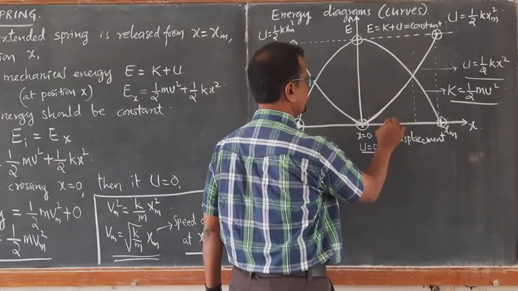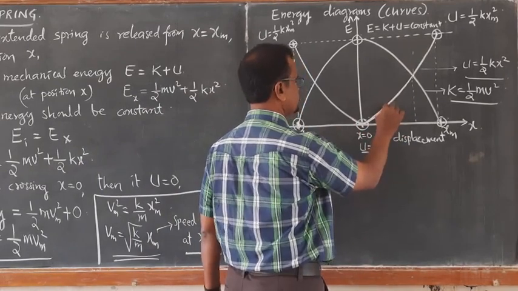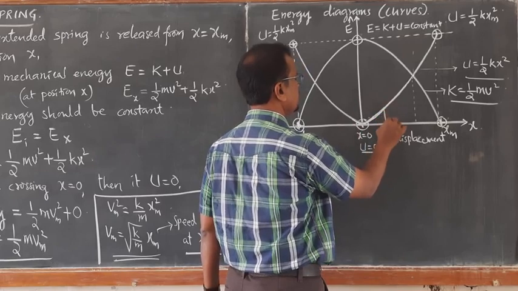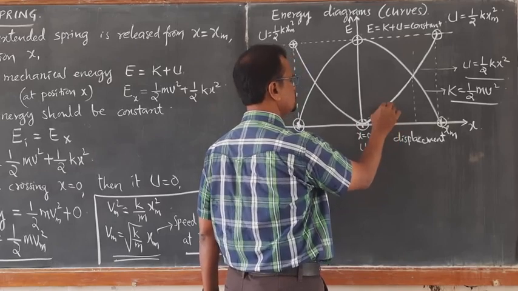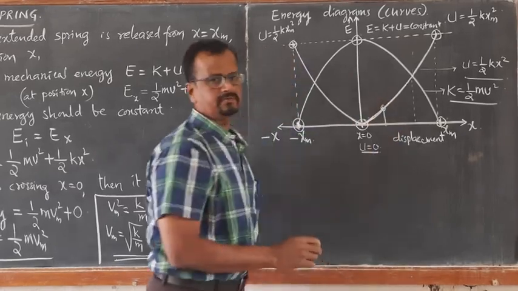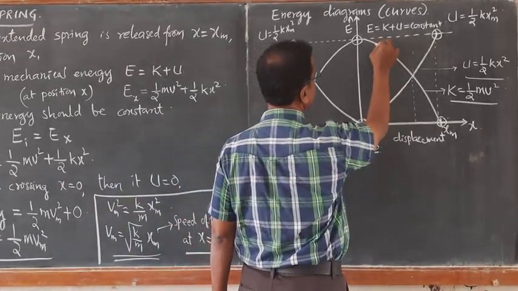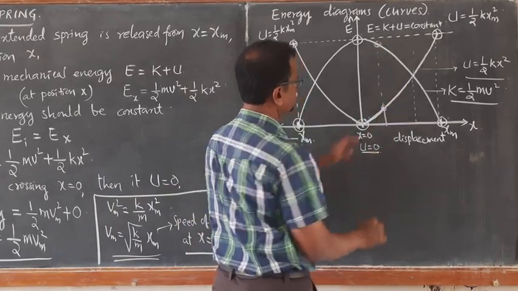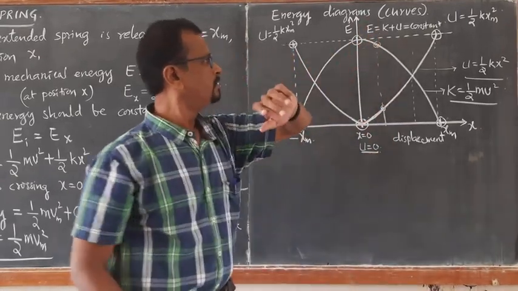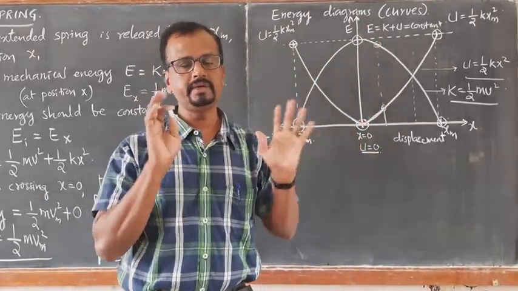Using the graph, you can find the potential energy and the kinetic energy at a point, and adding them gives the constant total mechanical energy.